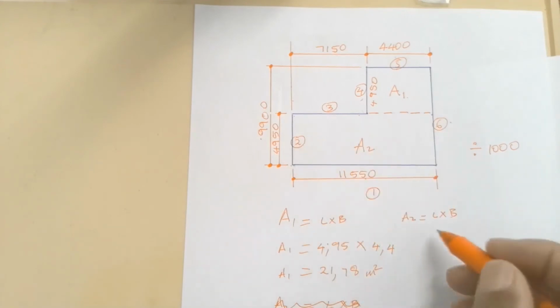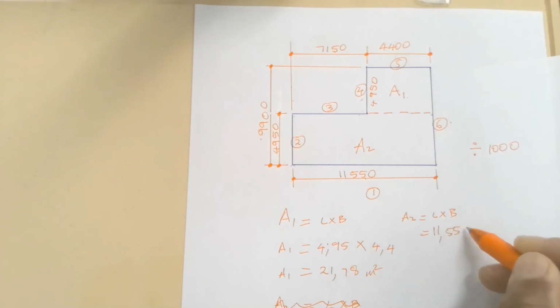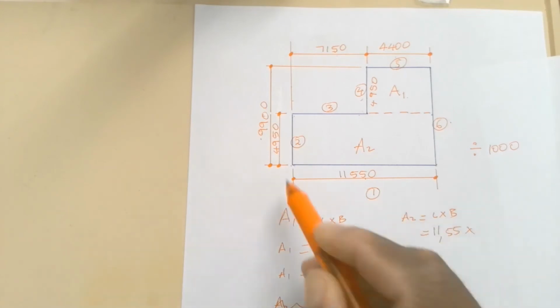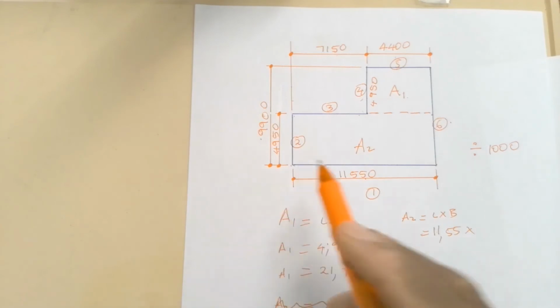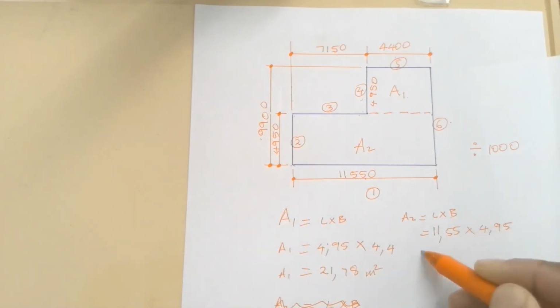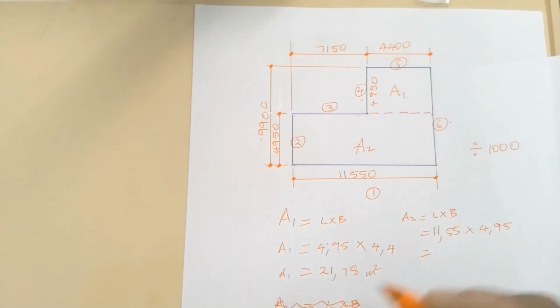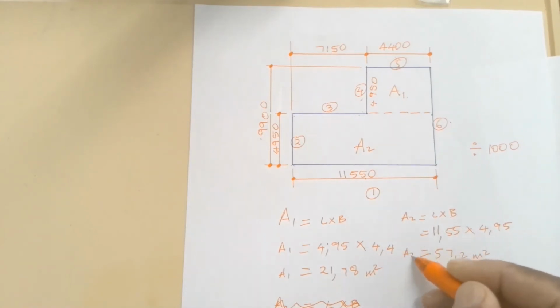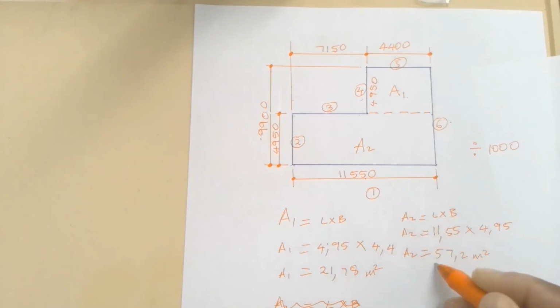So in other words, we're saying that length, after converting it into meters, will be 11,55 multiplied by, divide this now by 1,000, 4,95, which will be equal to 57.2 square meters. So this is for area 2. The answer there is for area 2.